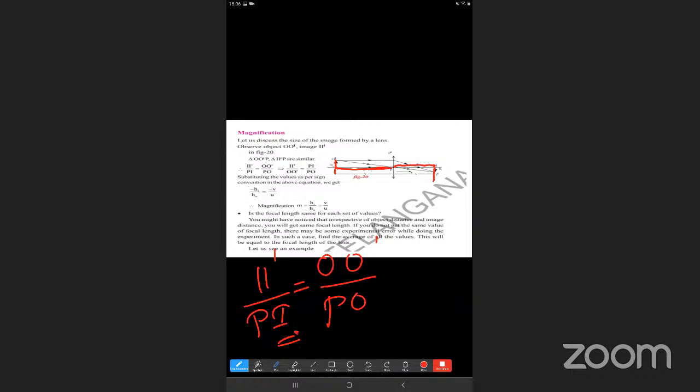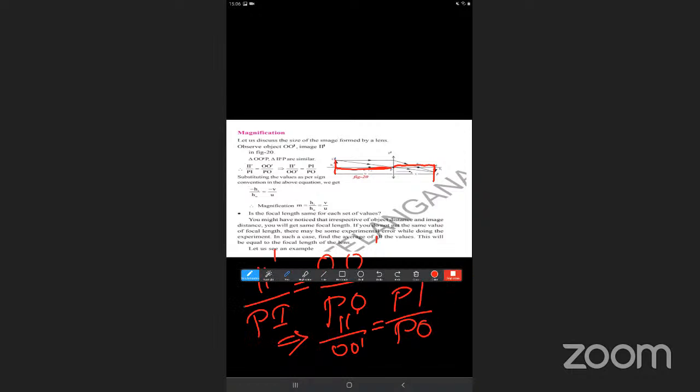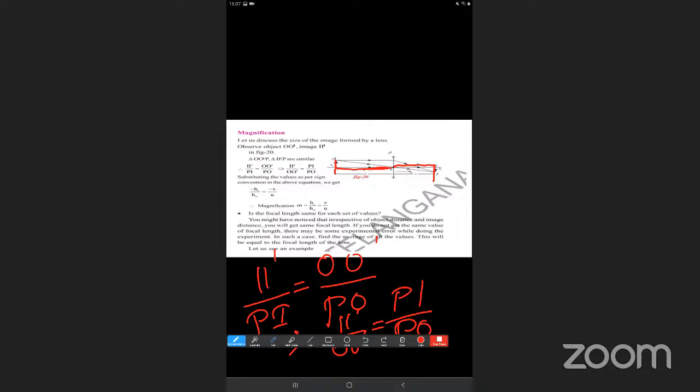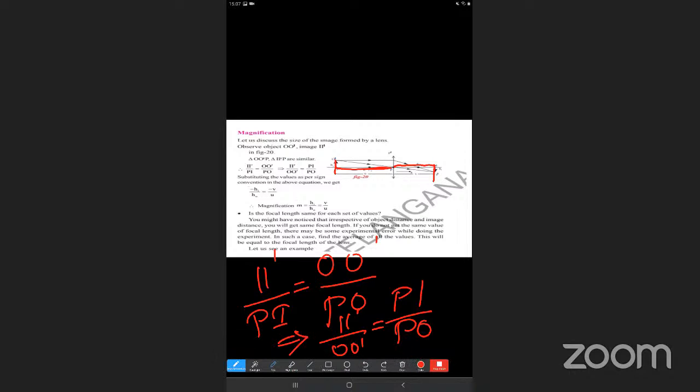So from this, I dash by O dash equals PI by PO. Now substituting the values as per sign convention in the above equation.